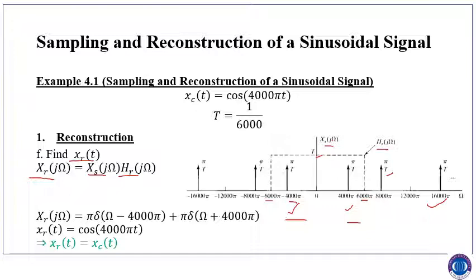So pi by t into t will be pi. So this is the Fourier transform. If I take the inverse Fourier transform of this, it will become cos 4000 pi t. So the recovered signal is exactly the same as the one we were sampling.